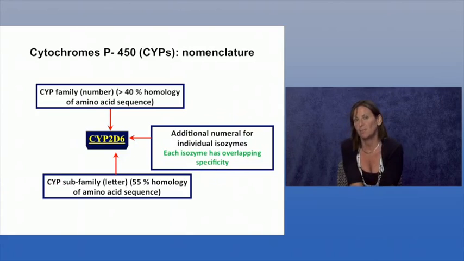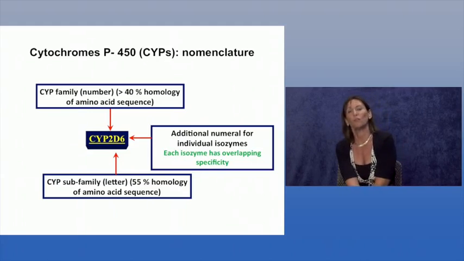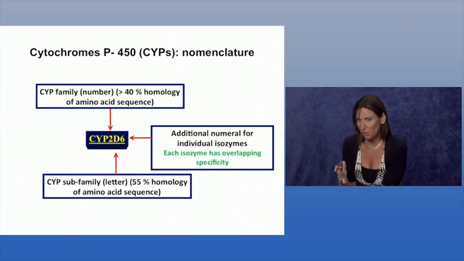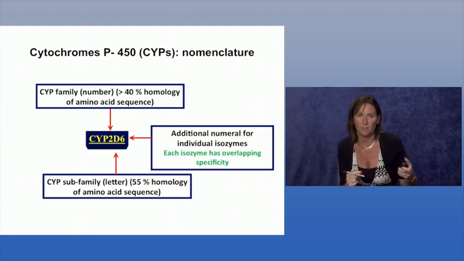Now, these isozymes generally have overlapping specificity. So you may have an isozyme that has the numerical distinction of being 6 versus 5, and these two enzymes will have some degree of overlapping specificity for metabolizing a particular endogenous compound or a specific drug.